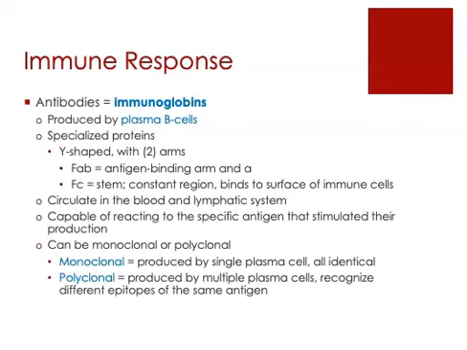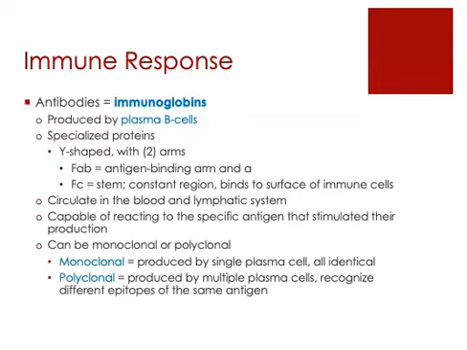Their FAB region is going to bind to one particular epitope on one particular antigen. Remember, we said an epitope is just a region of an antigen. Monoclonal antibodies are antibodies that all come from the same plasma cell, a single plasma cell, and all have the same FAB.